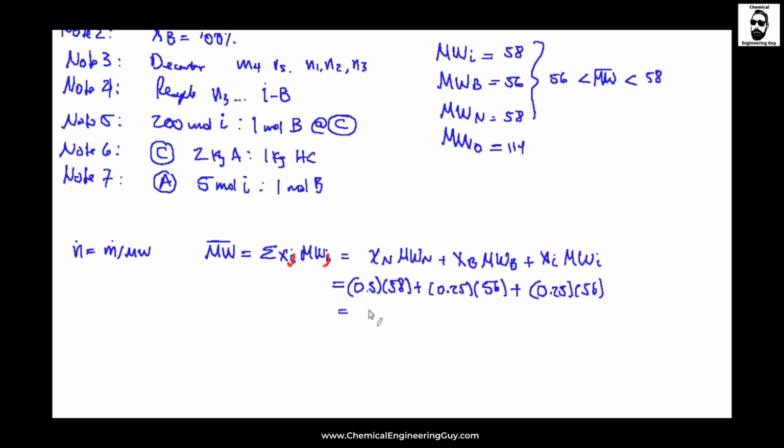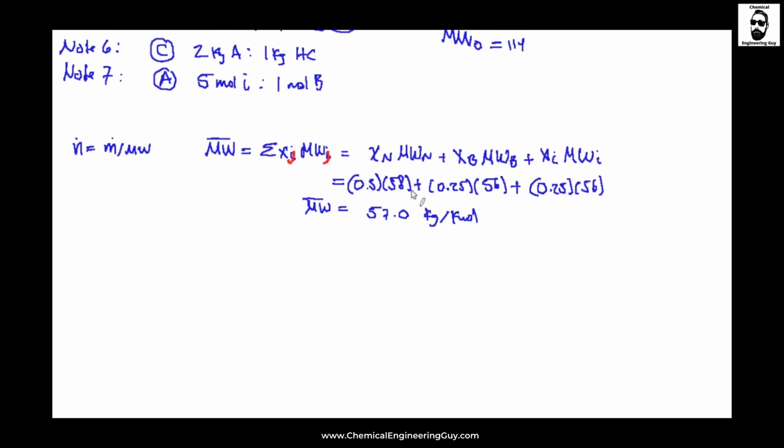Doing this, you should get an average molecular weight of this mixture of essentially 57 kilograms per kilomole of mixture. So let's go back, and as I told you, it's going to be between 56 and 58.